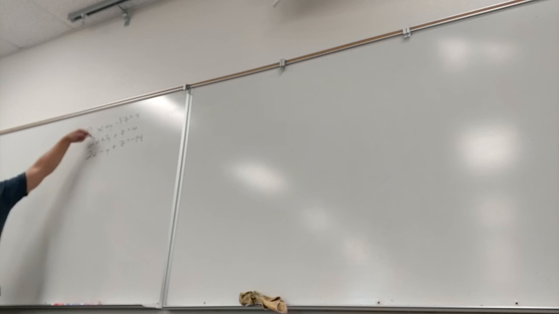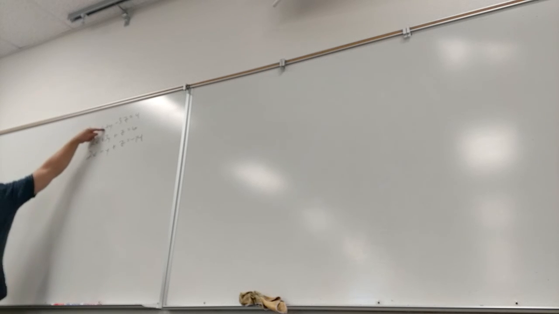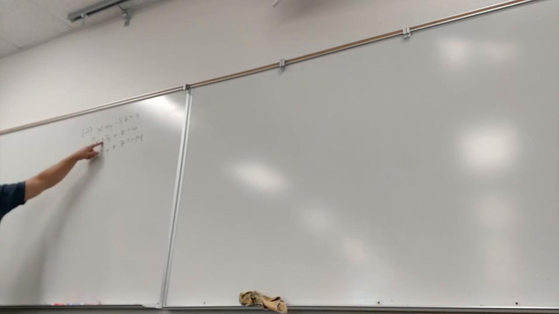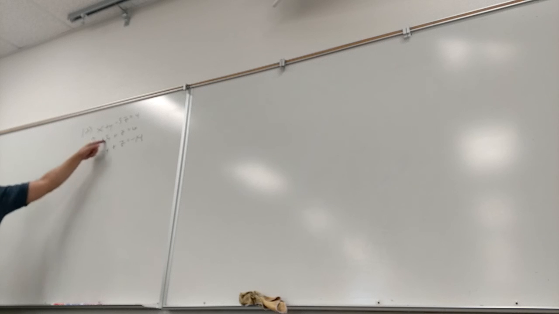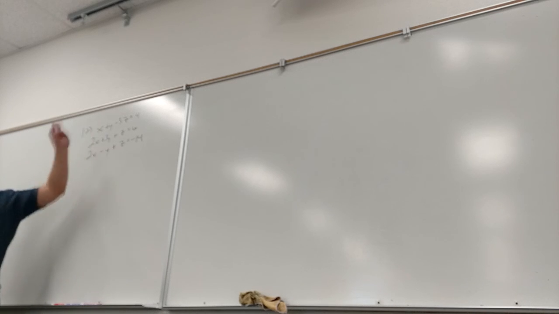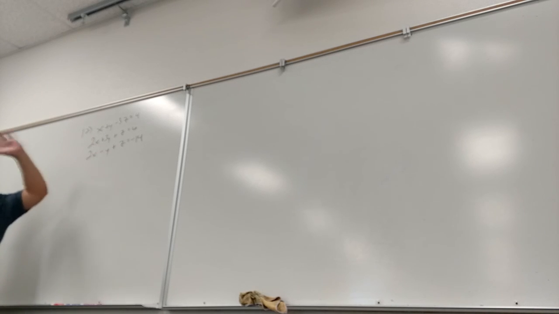Y makes the most sense because this is the opposite sign of this, and it's the opposite sign of this. These two I don't have to do anything to make the Y's die. And this one I can do one simple thing to make the Y's die. All right? Is it wrong if you kill the X's? No. Is it wrong if you kill the Z's? No. It's just the Y's are sort of set up a little bit better to die.